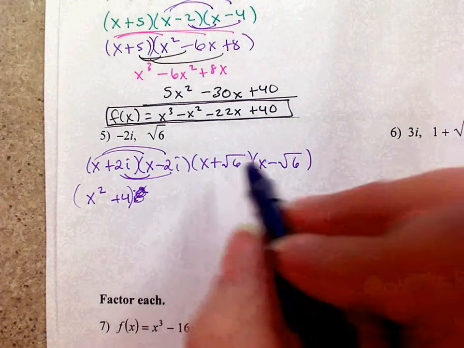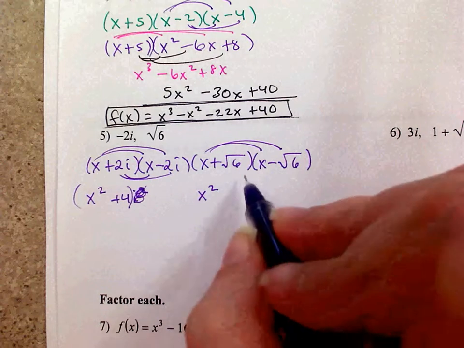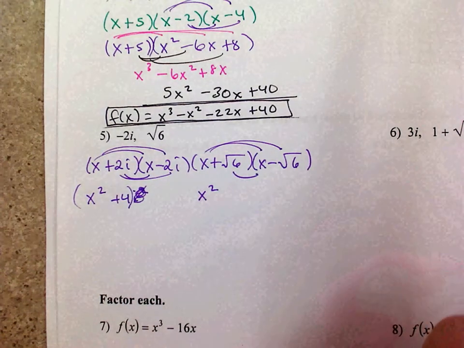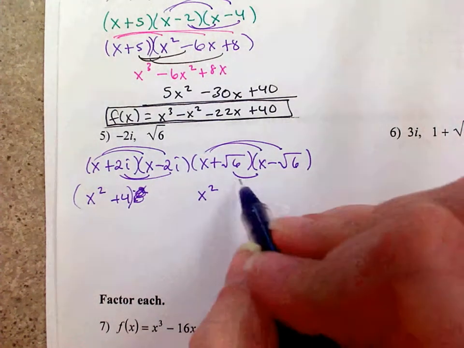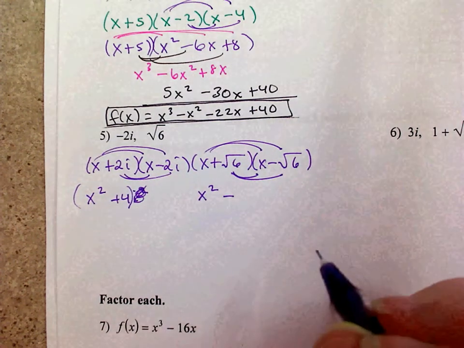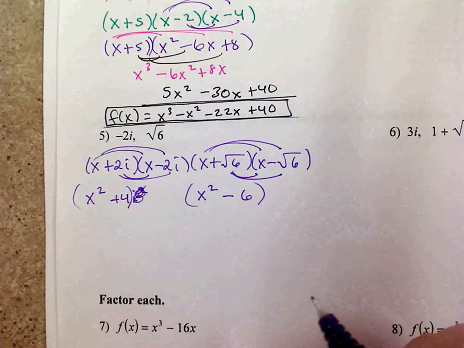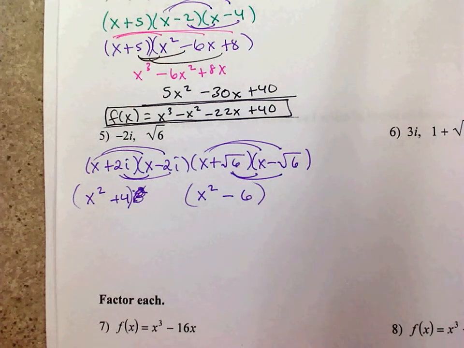Okay, x times x is x squared, x times negative square root of 6, x times positive square root of 6, cancels out, and then what? Yeah, minus the square root of 6 times square root of 6 is just 6. So I've got x squared plus 4 times x squared minus 6, and we FOIL those, right?